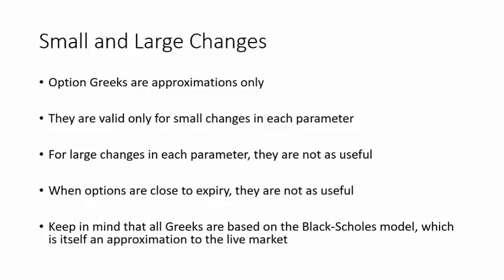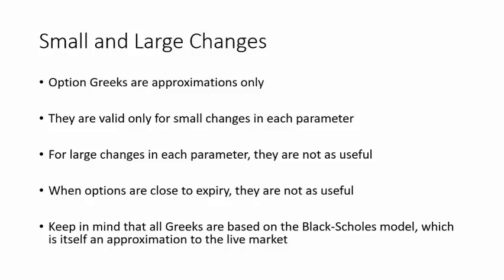And the final limitation is that all the Greeks are based on the Black-Scholes model, which in itself is an approximation to the live market. So we saw in the previous lecture how the Black-Scholes model is only an approximation. It's not the reality. And all of these Greeks come from that Black-Scholes model.